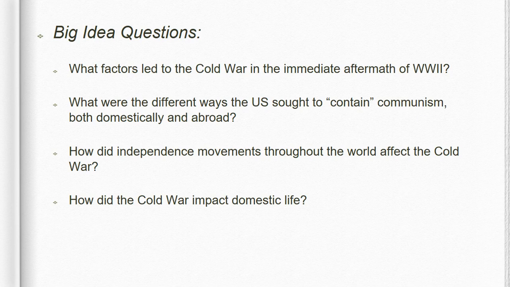Second, what were the different ways the U.S. sought to contain communism both domestically and abroad? I often tell students that this is in some ways a simple key concept for them to understand because it's about U.S. foreign policy between 1945 and 1980. And U.S. foreign policy during that time period can usually be summed up in one word, and that is containment.